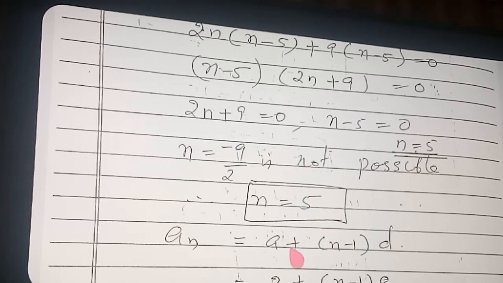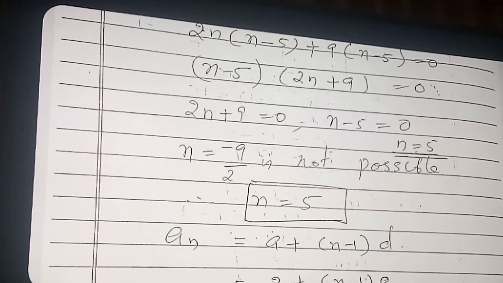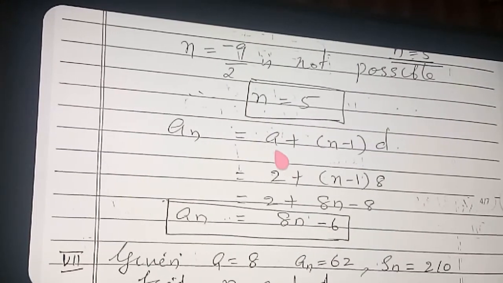Now your question is to find the value of an or a5. Actually in your textbook only an is written. An written means you write the value of an in terms of n only, right? If a5 is asked, you write a5. Now I have written here an only. What's the formula of an? an is equal to a plus n minus 1 into d.